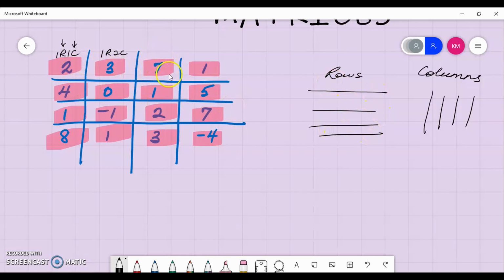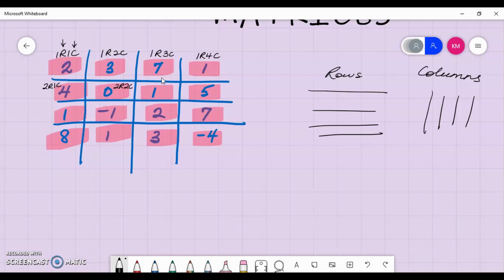So let's continue. 7 is in our first row, third column. Our 1 here, first row, fourth column. Our 4, second row, first column. Our 0, second row, second column.